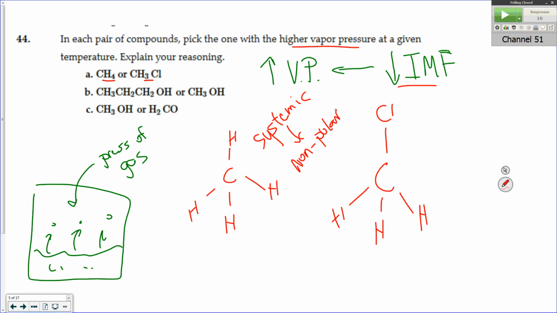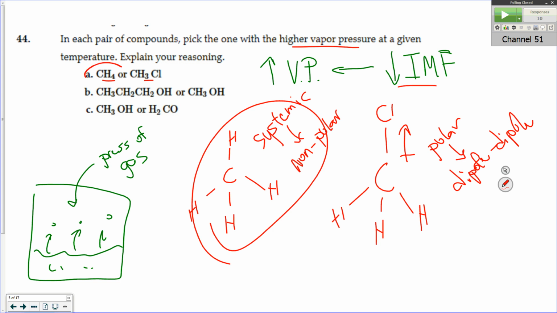Right? And it's going to have low intermolecular forces. This one has a dipole moment because of the lack of symmetry. So that makes this one polar. It's got a dipole-dipole interaction. So the one that's going to have the lowest intermolecular forces is this guy. It's going to have the highest vapor pressure.